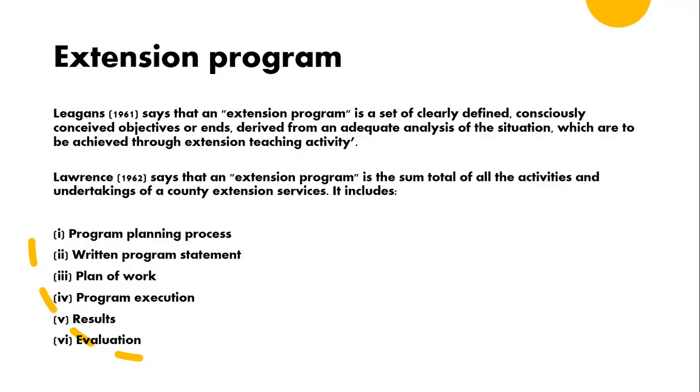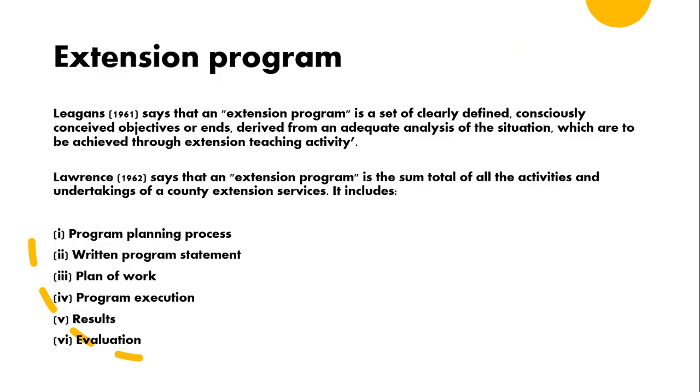There are two social scientists who define the extension program. Langans, in 1961, says that an extension program is a set of clearly defined, consciously conceived objectives derived from an adequate analysis of the situation.